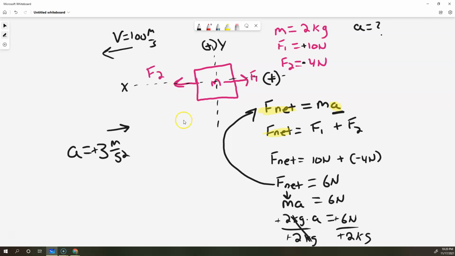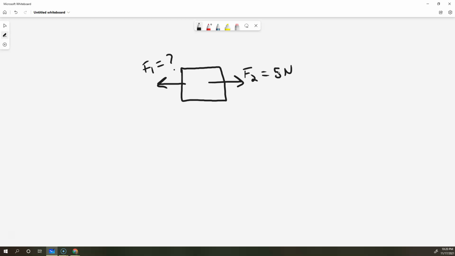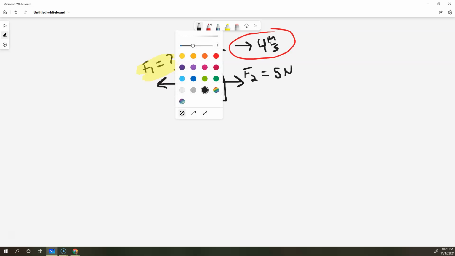Let's go a little bit more complicated and let's just move a little bit at a time. Maybe this time I'm given an object and I'm told F2 is 5 newtons, F1 is unknown, and the acceleration of the object is to the right, and it is 4 meters per second squared.